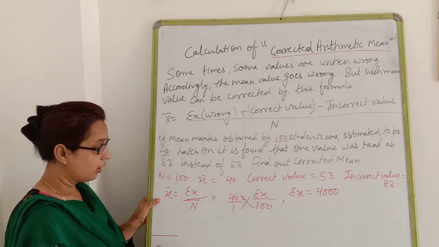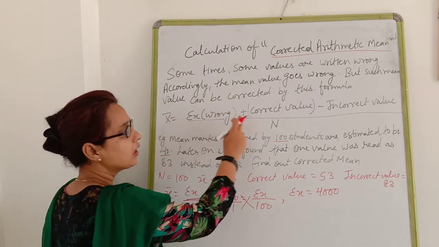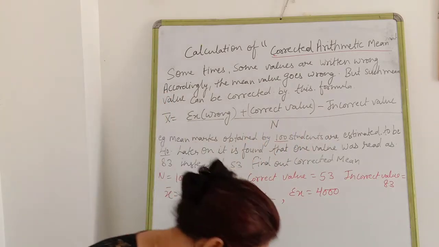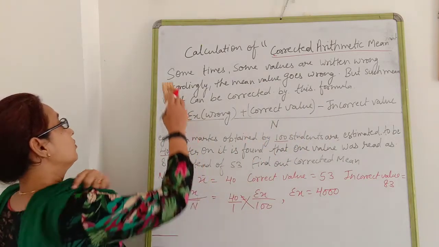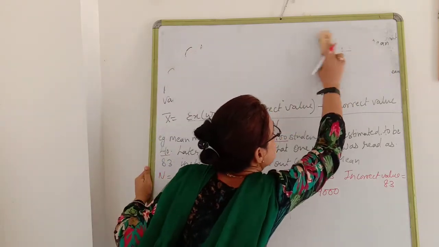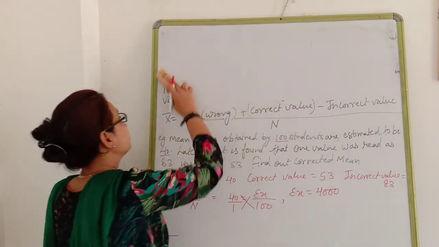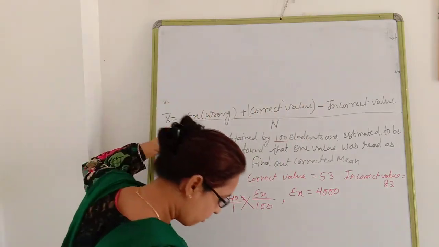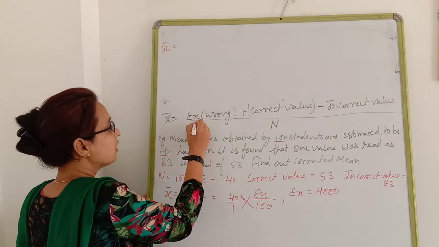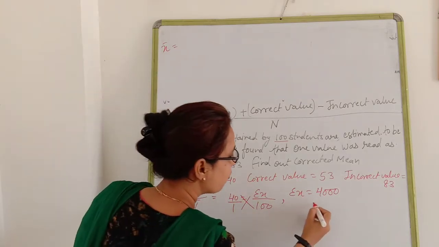Clear? Now we are going to apply this formula, which is very easy. I am doing it at the top so that you are able to see easily. Apply this formula: x bar equal to sigma x. How much have we obtained?